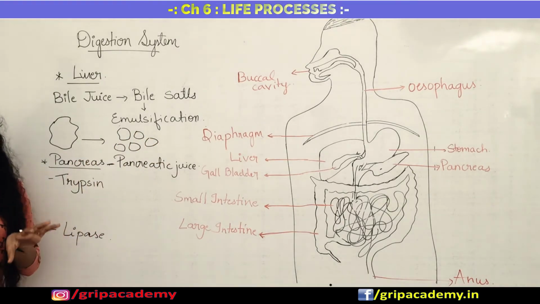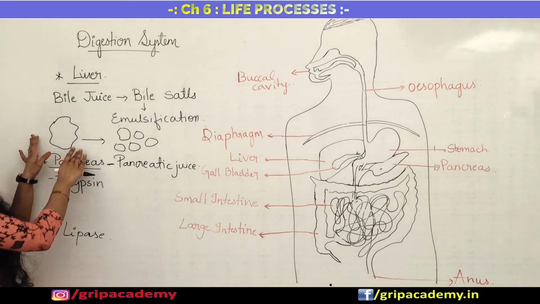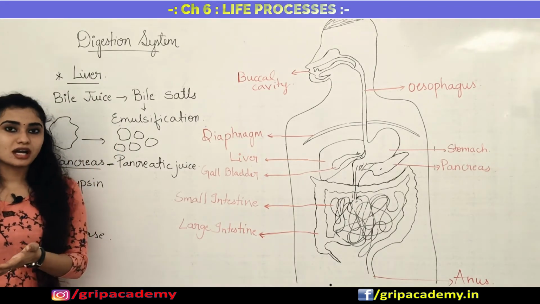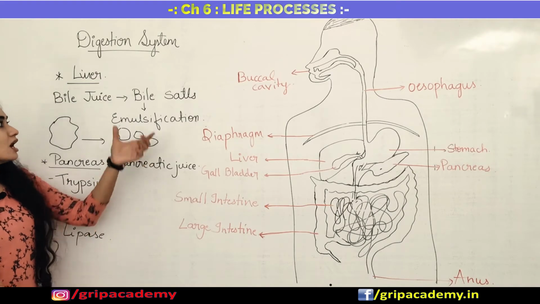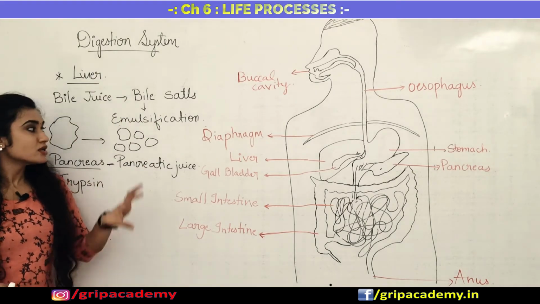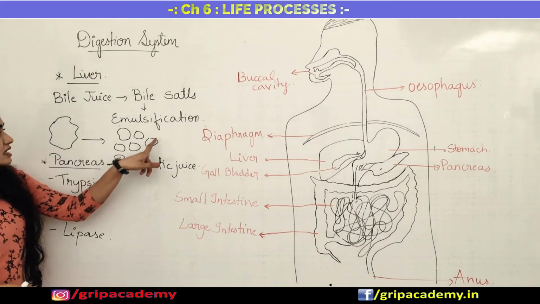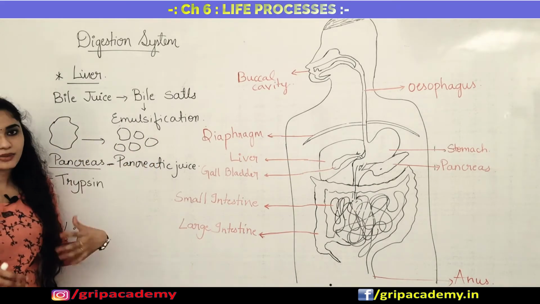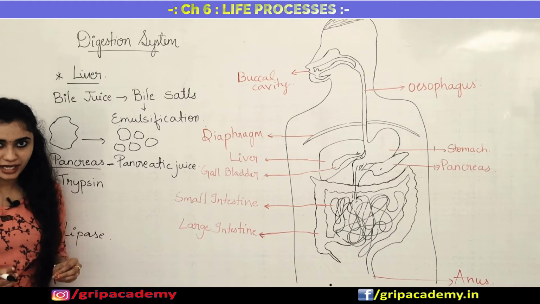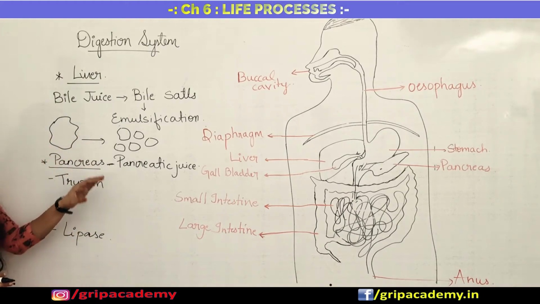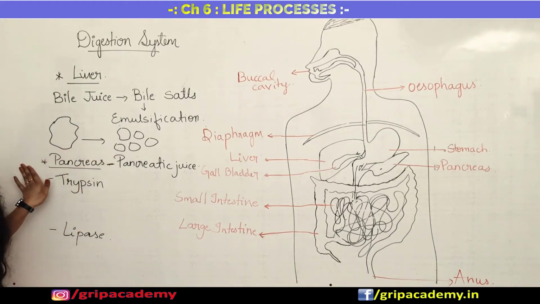See, here the digestion is not happening. It's just a big molecule is broken down into smaller molecules upon the action of bile salts. So this process we call it as emulsification, and these small chunks of fats, you can call them as emulsified fats.